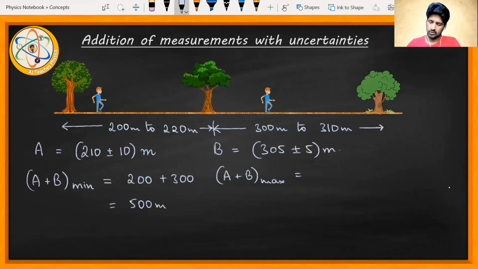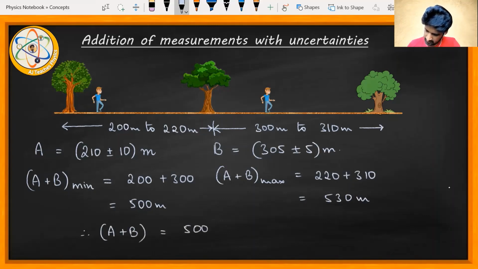To get the maximum possible distance between the first and the third tree, we would have to add the maximum possible distance between the first two trees and the maximum possible distance between the second and third tree, which will be 220 plus 310, that is 530 meters. So the range of possible values of the total distance is 500 meters to 530 meters.